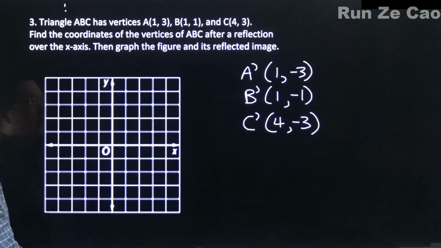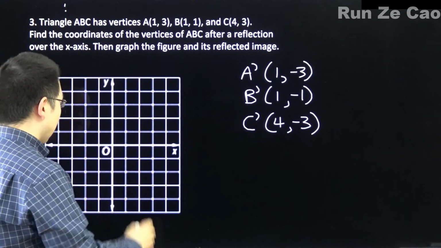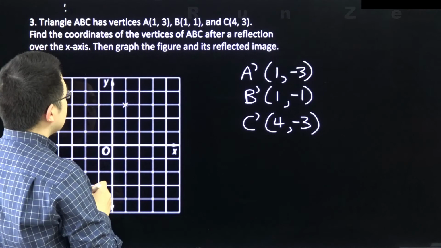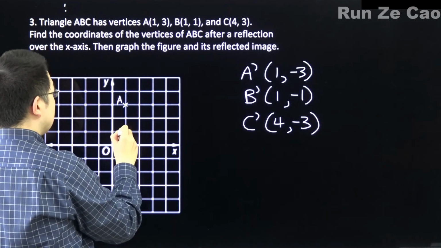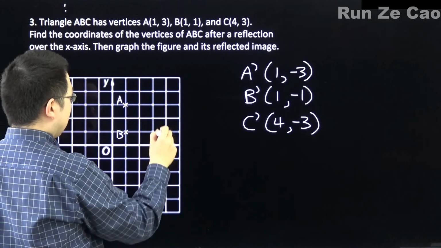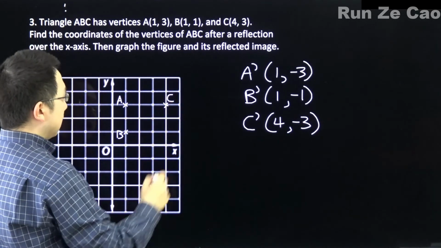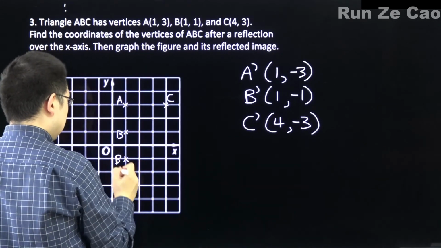Right. If we're going to graph this, A is 1, 3. B is 1, 1. C is 4, 3. And the corresponding points, B prime.